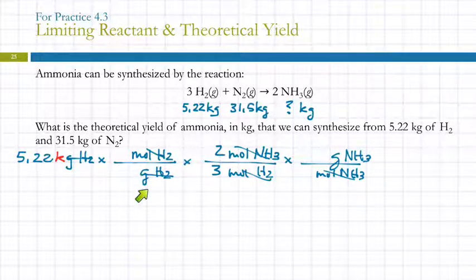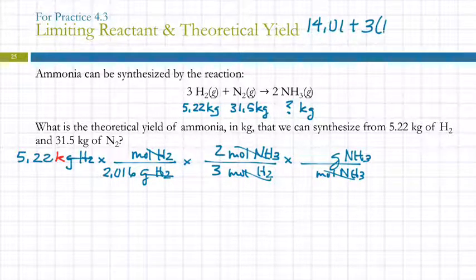We need the molar mass of H2, so that's 2 times 1.008, or 2.016. And then we need the molar mass of ammonia. We should probably go ahead and calculate that, because I mostly remember it, but then I usually screw it up. It's 17 something. 17.03. Thank you.